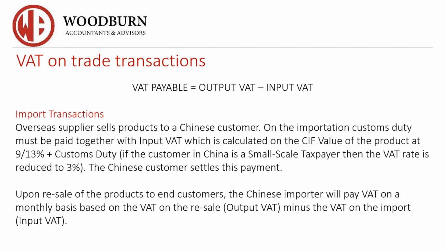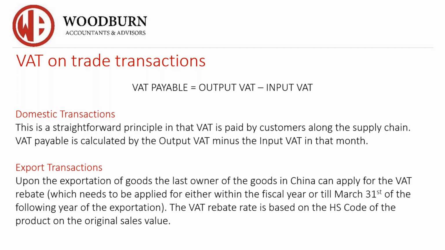All right, and then upon resale of the products to the customers in China, there is going to be VAT that is added on. Domestic transactions are very, very straightforward. This is a very straightforward principle where basically the customers along the supply chain are going to be paying out the VAT, okay? Export transactions are actually a little bit more complicated.